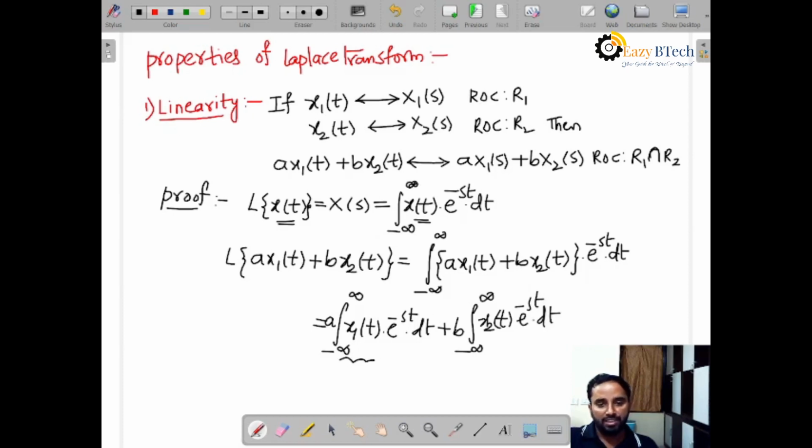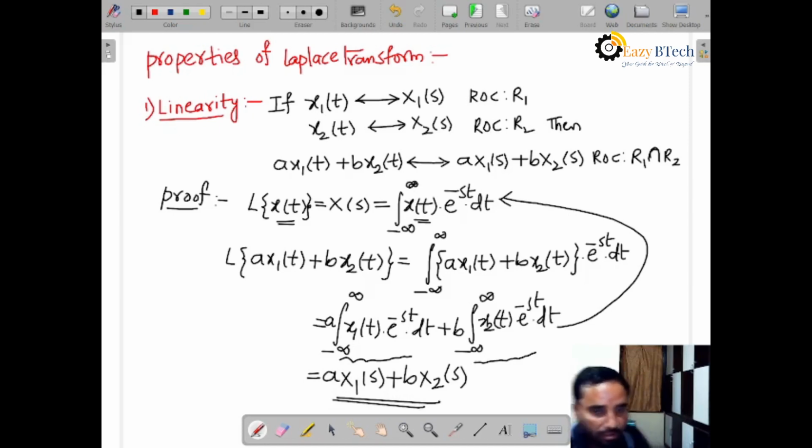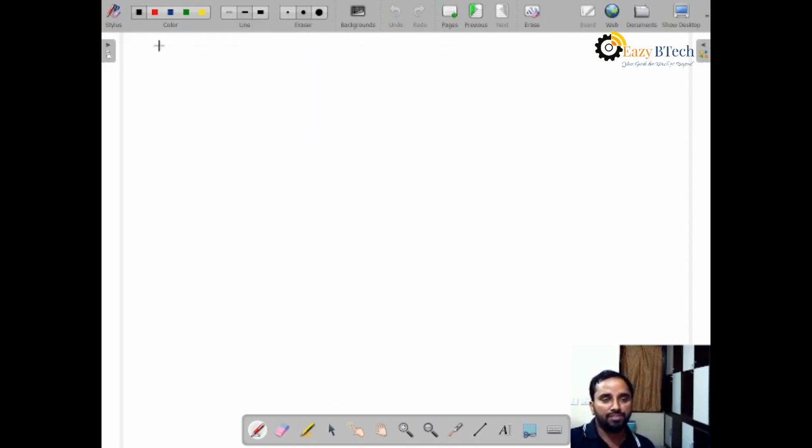By observing these integrals, they are like Laplace transform formulas. Compare Laplace transform formula and this integral. The first one indicates A x1 of s, and the second integral is B x2 of s. So this is the proof. That's all. A simple proof. Totally formula we need to understand well. Let's go to another property, time shifting property.